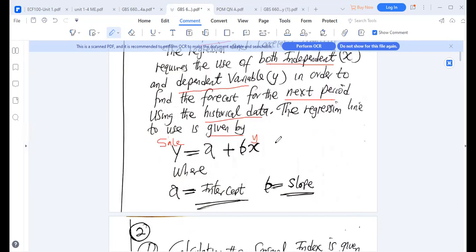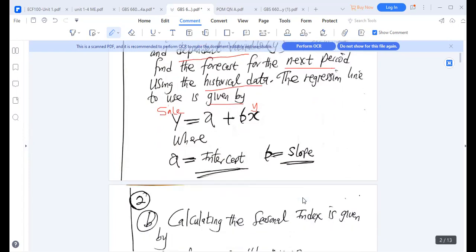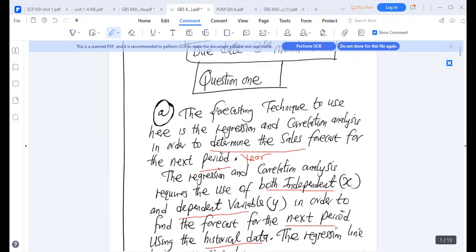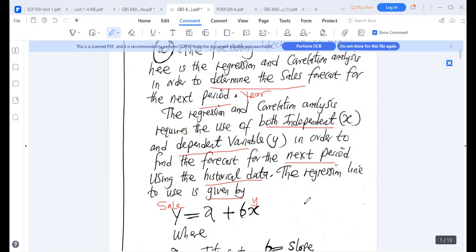This is just a build-up of a topic that was covered in quantitative methods, the regression and correlation analysis to find the forecast for the next period. So getting down to part B of the question, the answer for the first question is just this forecasting method where we use the regression.